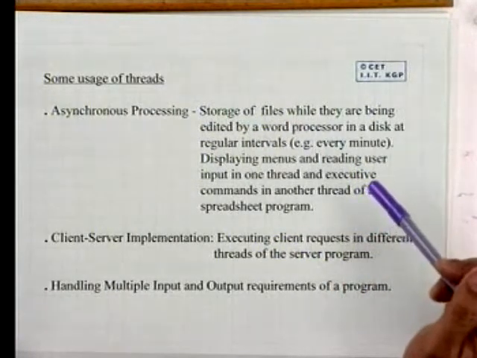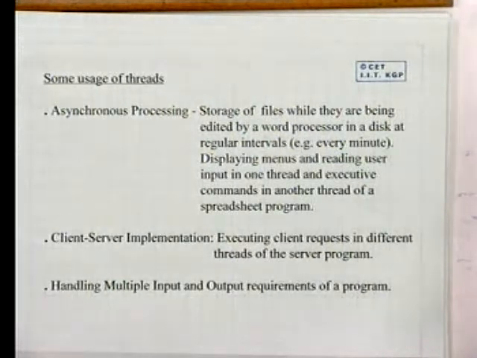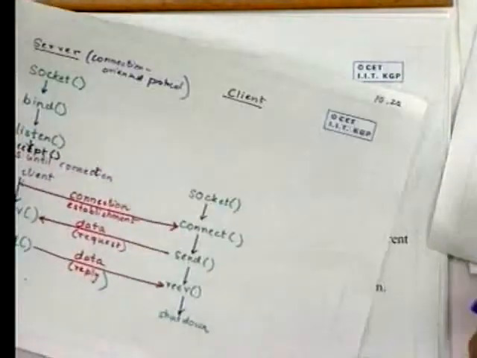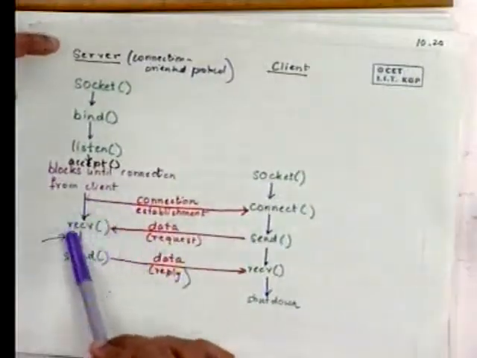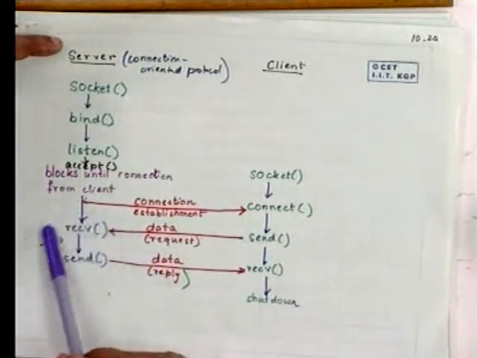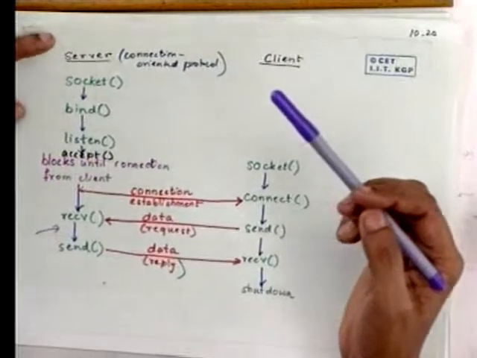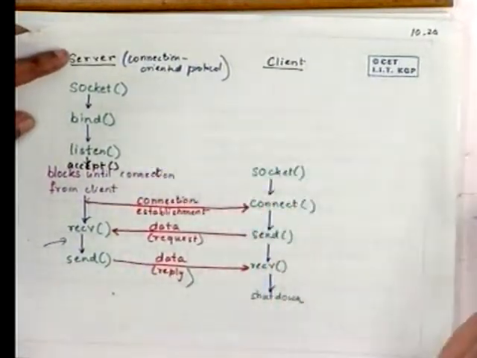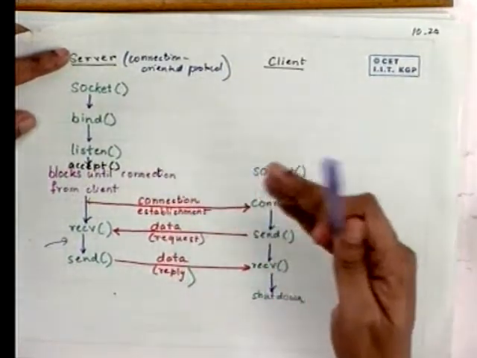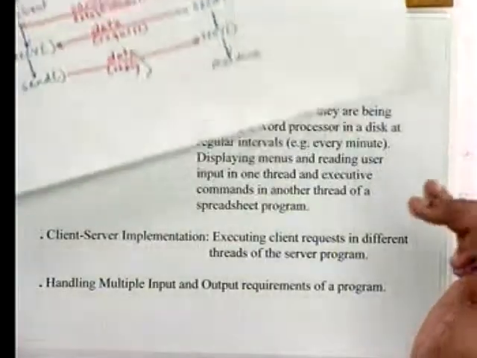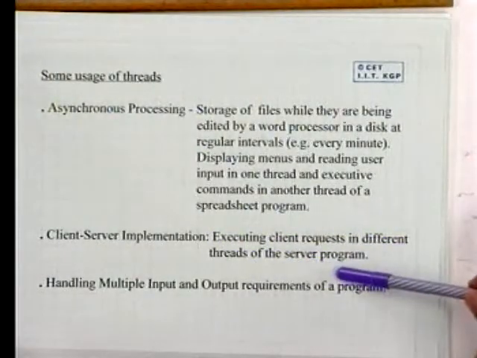Client-server computation, as I just mentioned, we had seen that it requires clients and servers to do different tasks. We can do whatever processing is being asked for in different threads. Sometimes you may ask for retrieval of data, sometimes modification of the data, or displaying the data in a typical format. Those can be done in different threads of the server program.